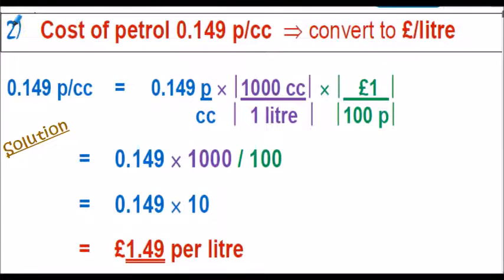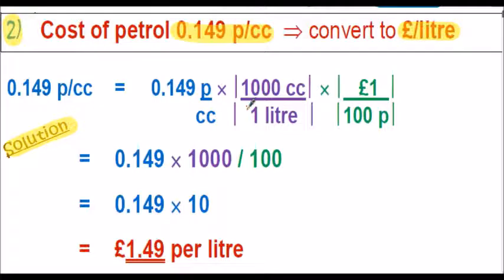Question 2 is the solution. The cost of petrol is 0.149 pence per cubic centimetre. We've got to convert that into pounds per litre. So we've got to convert the cubic centimetres to litres. Here's my conversion. 1,000 cubic centimetres in 1 litre.